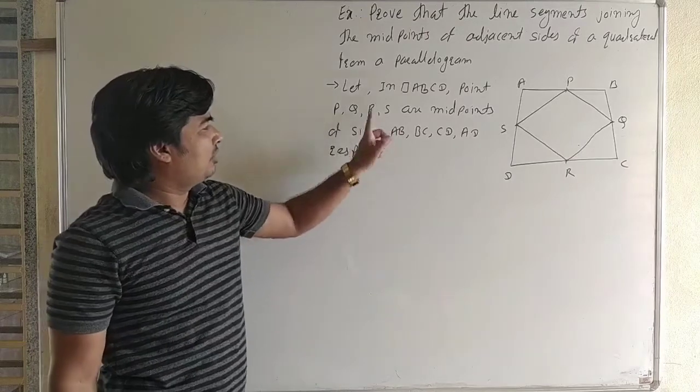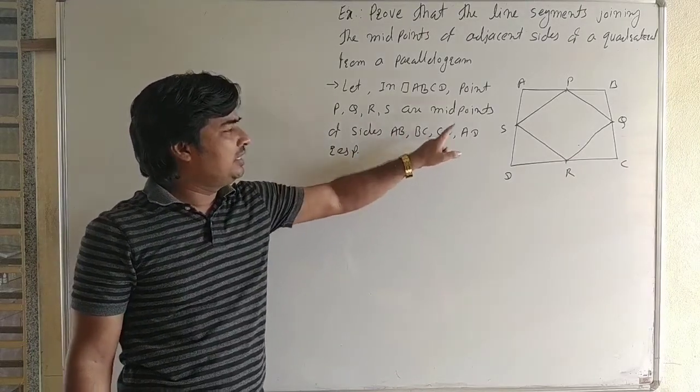Okay, here PQRS are the midpoints of sides AB, BC, CD and AD.